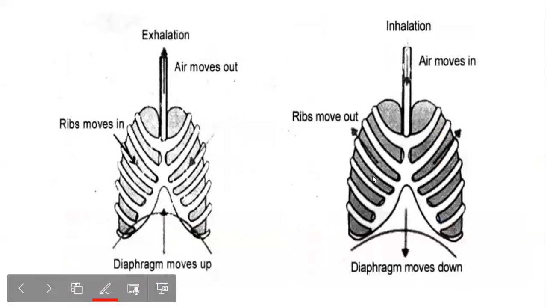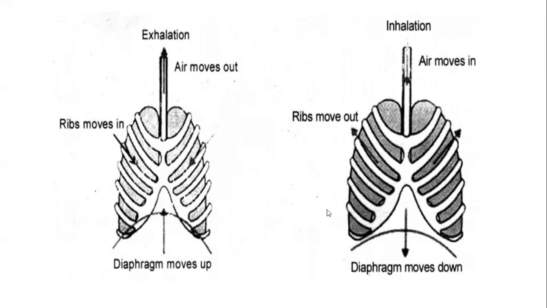Now coming to the breathing mechanism. The breathing mechanism of the lungs is controlled by the diaphragm and the intercostal muscles. The diaphragm is a membrane which separates the thoracic chamber from the abdominal cavity. When the diaphragm moves down, the lungs expand completely.